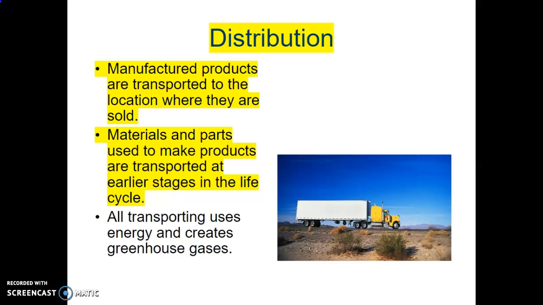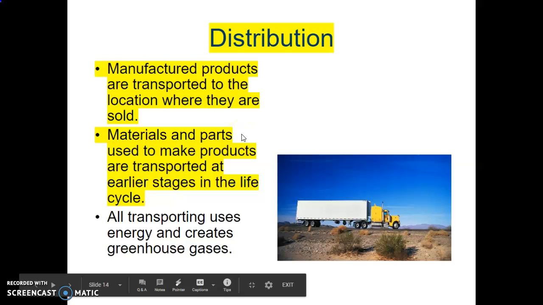Distribution is our next step. Manufactured products are transported to the location where they are sold. Materials and parts used to make products are transported at earlier stages in the life cycle. All transportation uses energy and creates greenhouse gases.